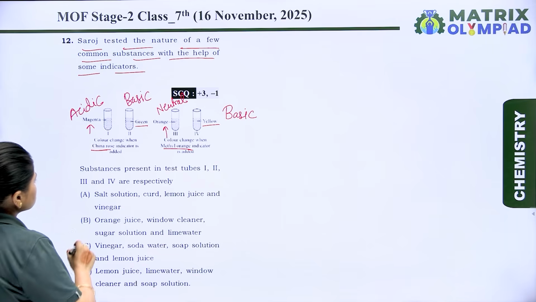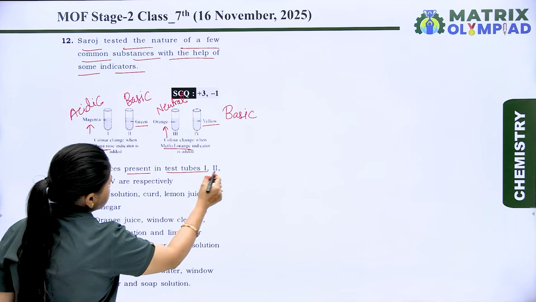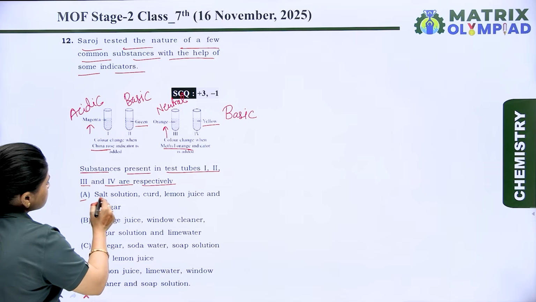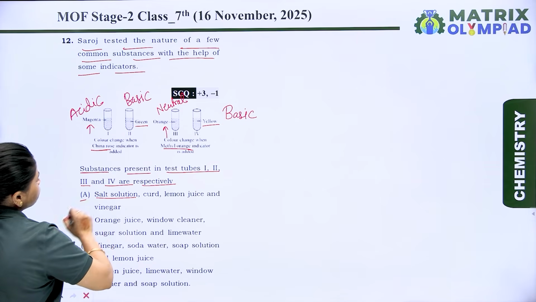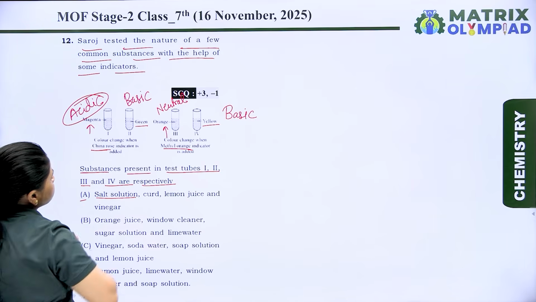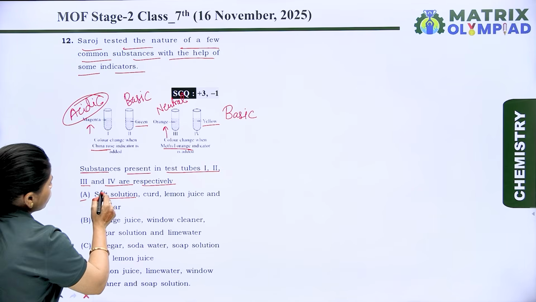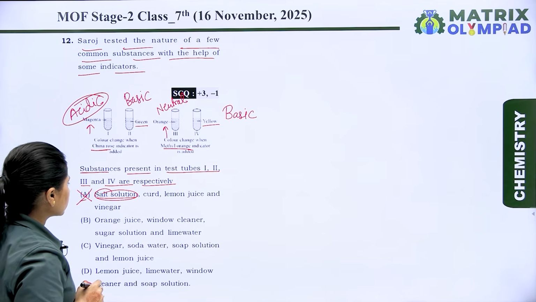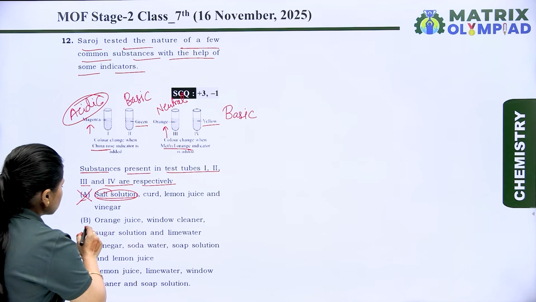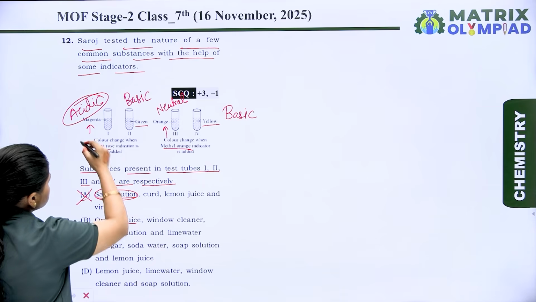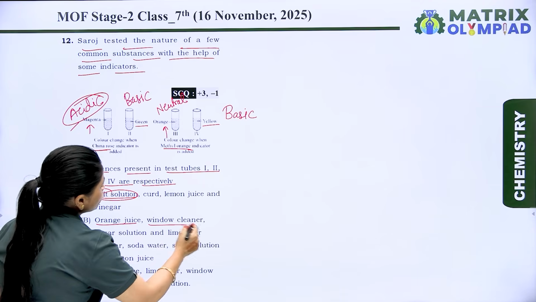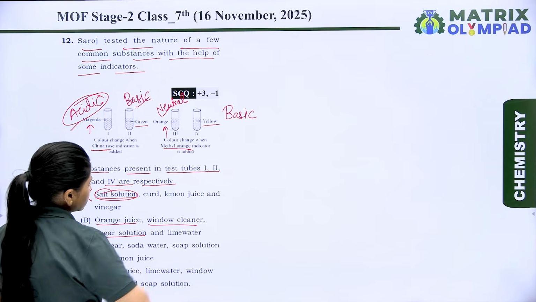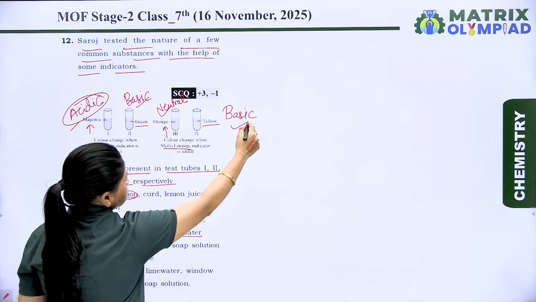Now check the question. Substances present in test tube 1, 2, 3 and 4 are respectively: A, the salt solution, but the first is an acidic solution, and salt solution is neutral, so option A becomes wrong. B, orange juice, yes, orange juice can be taken. Window cleaner, yes, it is basic in nature. Sugar solution, yes, this is neutral. And lime water, yes, this is basic.